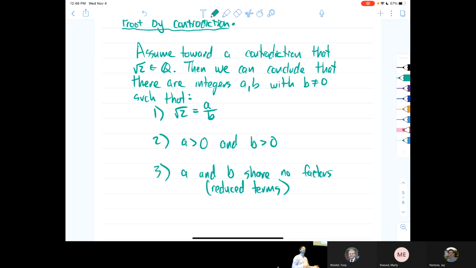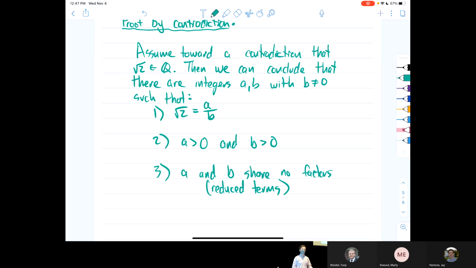But if I say I'm going to write something as a fraction, I can always assume that I've been extra smart and written it in reduced terms. So if the number was 2/3, 0.666 repeating, I know that I could write that as 4/6 or 2/3. And I'm saying let's just do it the efficient way and write it as 2/3.